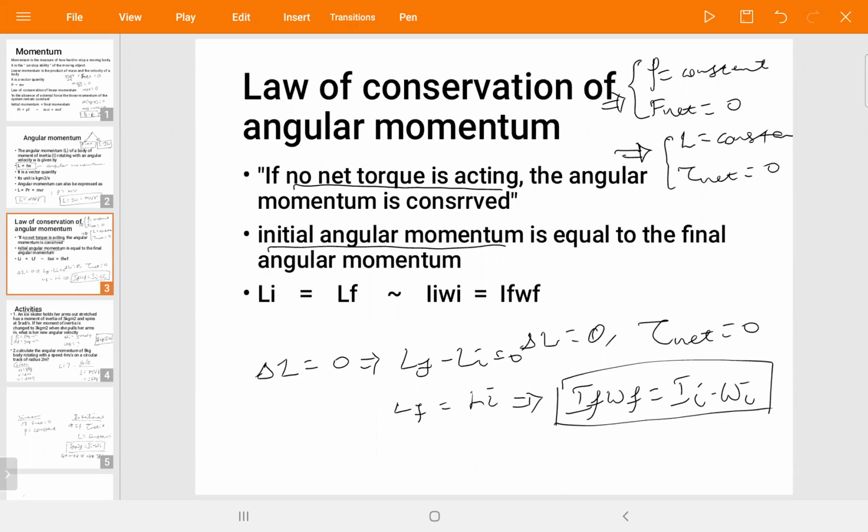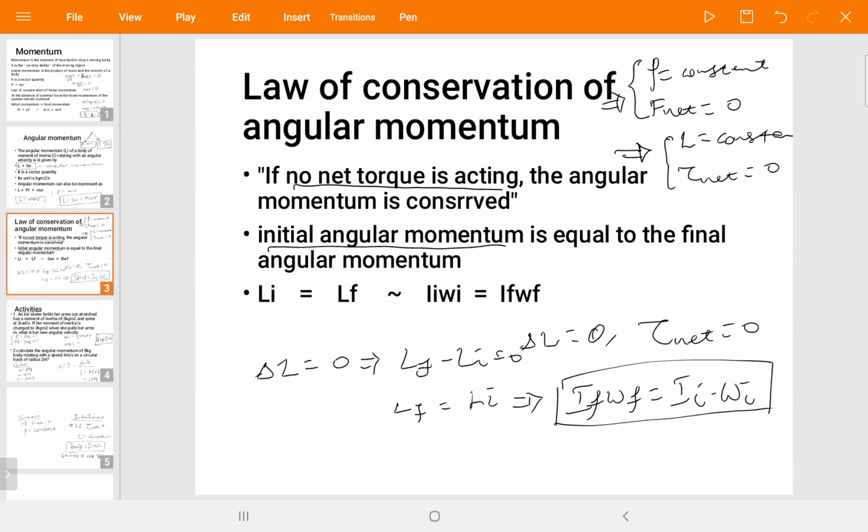Then momentum initial and momentum final are the same, and we can say that I initial times omega initial equals I final times omega final. But the net torque needs to be zero. And this tells us that the product of I times omega remains constant.